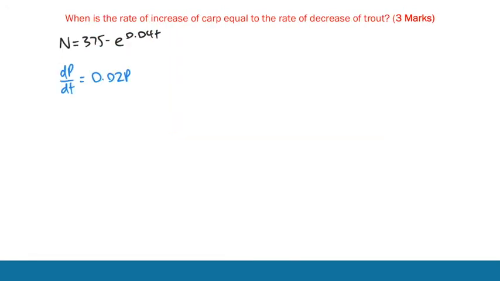Right, now this next question is tougher, and it's worth 3 marks, so you'd expect that. When is the rate of increase of carp equal to the rate of decrease of trout? Now, to set this up, we're going to need to do a little bit of investigating on the dp/dt formula we were given in the question. We were given that dp/dt, the rate of change of the carp's population, is given by 0.02p.